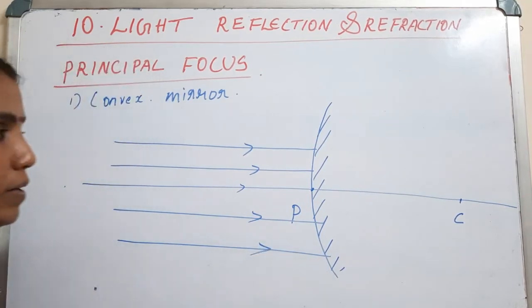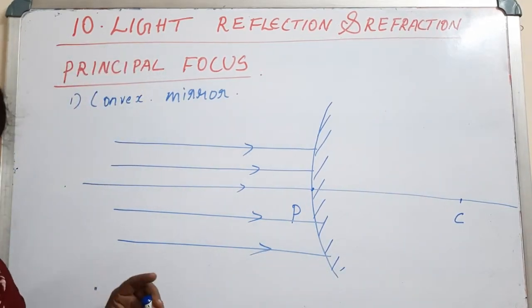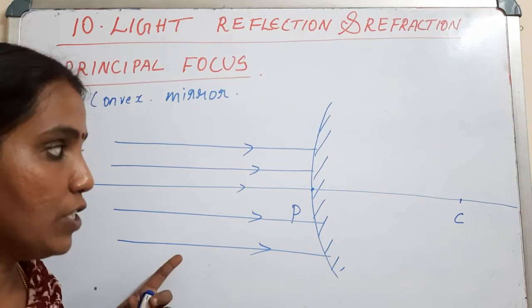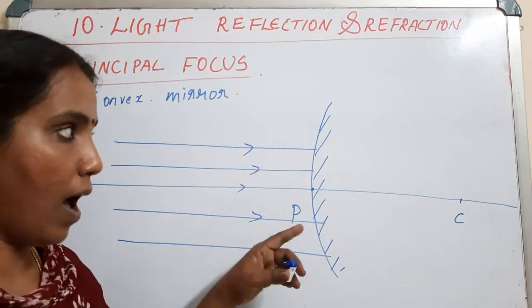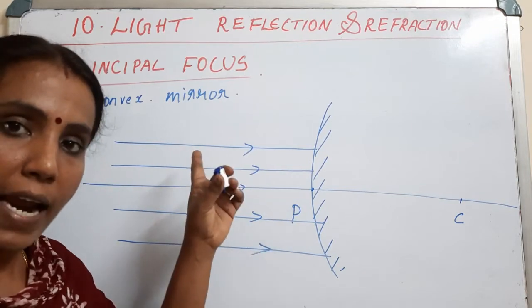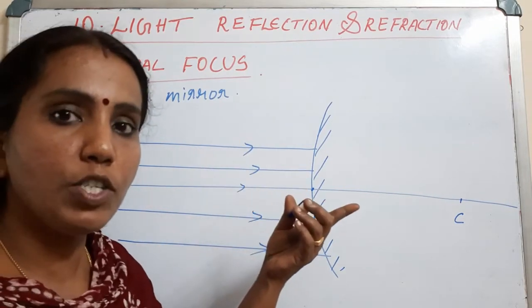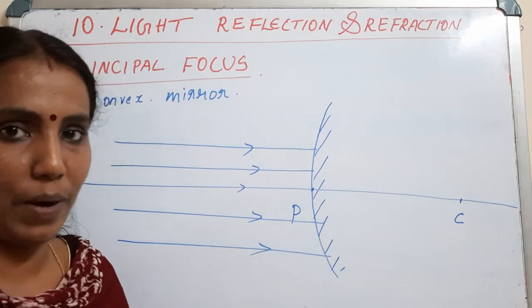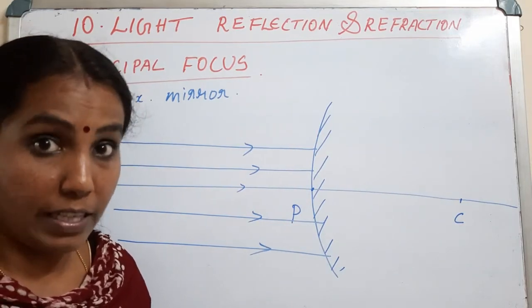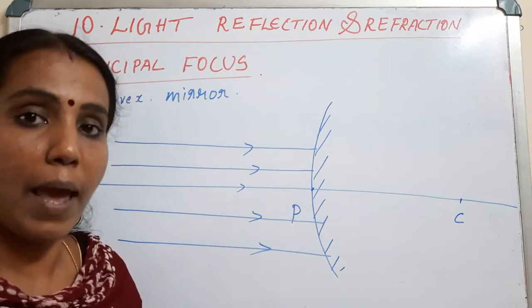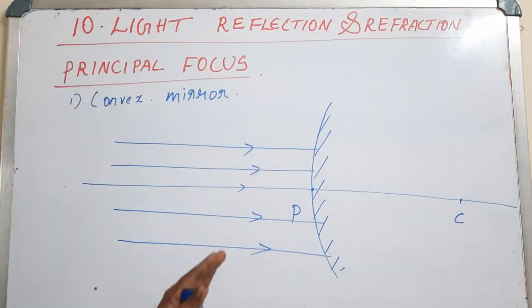Now what we get here is, when a parallel beam of light which is parallel to the principal axis falls on a convex mirror, after reflection the rays appear to diverge from a point on the principal axis. So actually they are not diverging, they appear to diverge from a point on the principal axis.